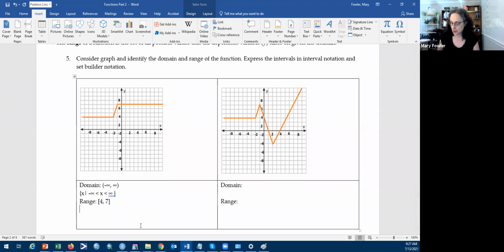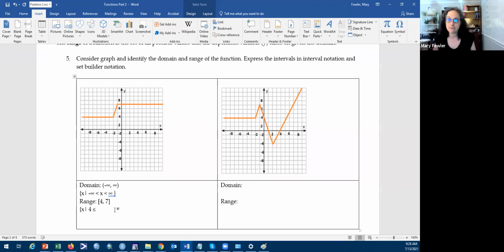And then in set builder notation, we're going to look at all x such that x vertical bar, and it's 4. And since we're working with that square bracket, we use the less than or equal to sign. If it was a soft bracket, it would just be a less than sign.